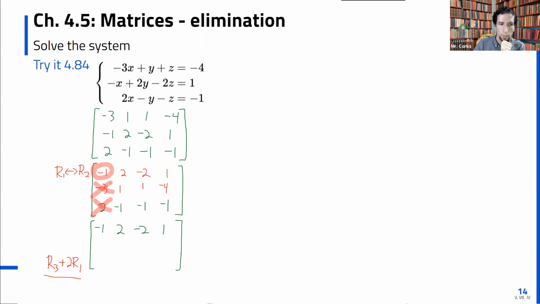What can we do to eliminate the -3 in row 2? We could also multiply row 1 by 3 and add it to row 2. Okay, so row 2 and 3 times row 1. Are we adding or are we subtracting?